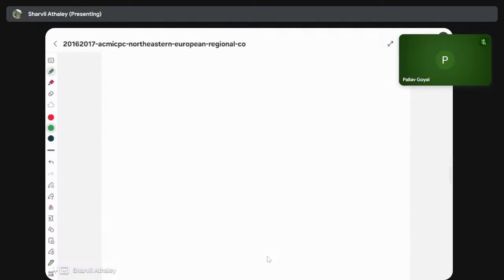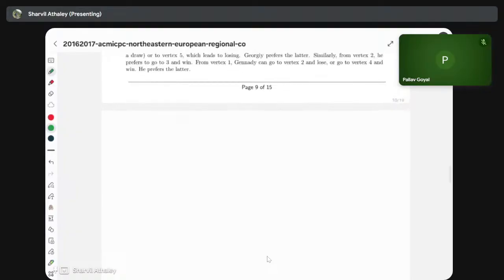terminate. So in this question, all the vertices which have their out degree zero, when we are on them, we always know that the game will terminate. So for all other vertices, we will do something similar to topo sort.